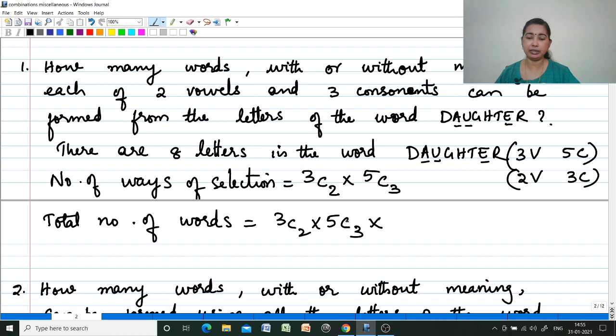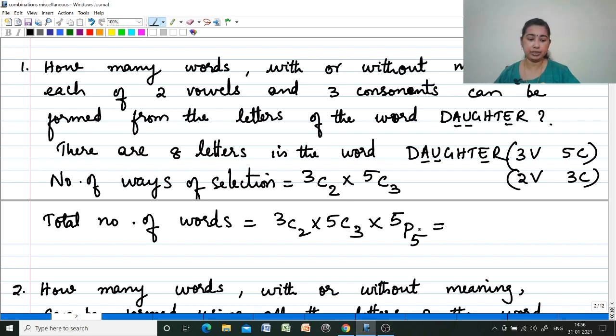Out of these 5 letters we have to make different words, and 5 letters are there and 5 places to arrange. So we can arrange those 5 letters in 5P5 ways. For selection we use combination, and for arrangement, permutation.